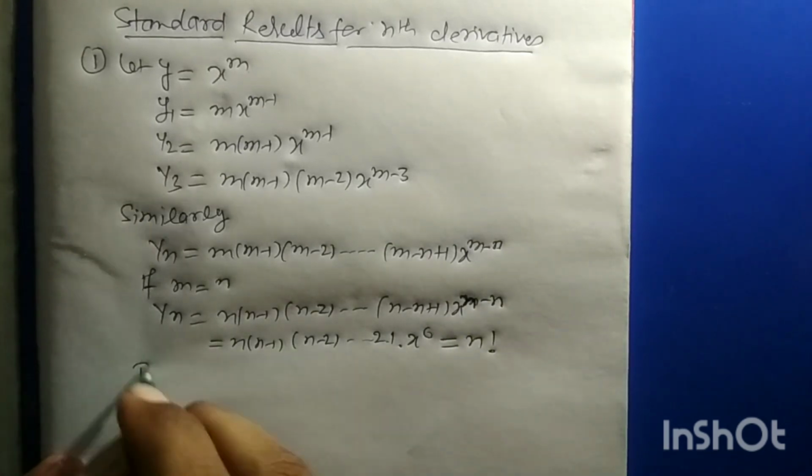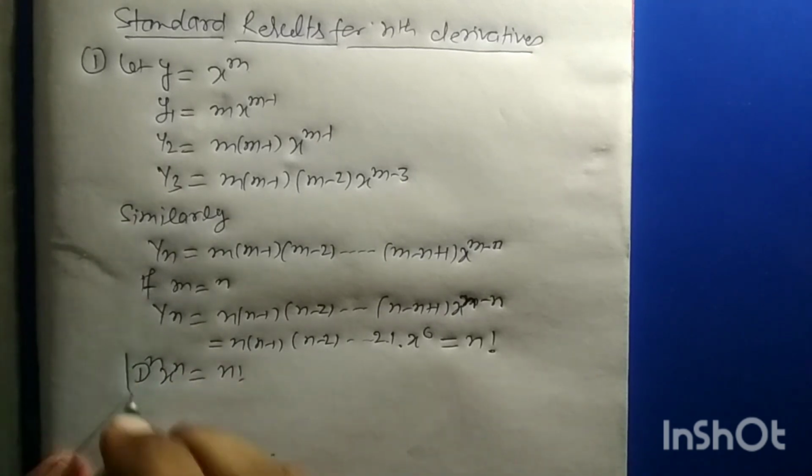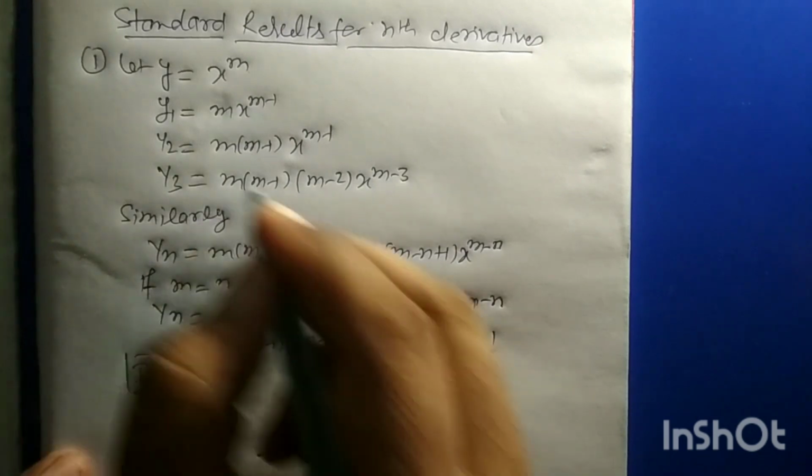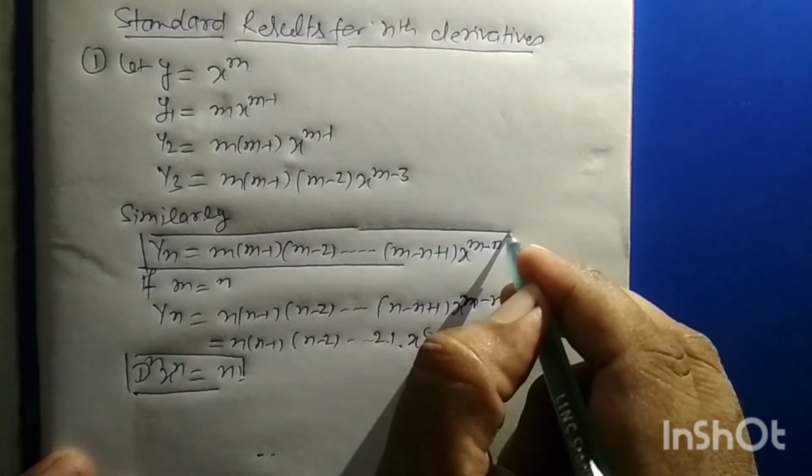It means dⁿ(xⁿ)/dxⁿ = n factorial. This is the standard identity, and here yn is equal to this.